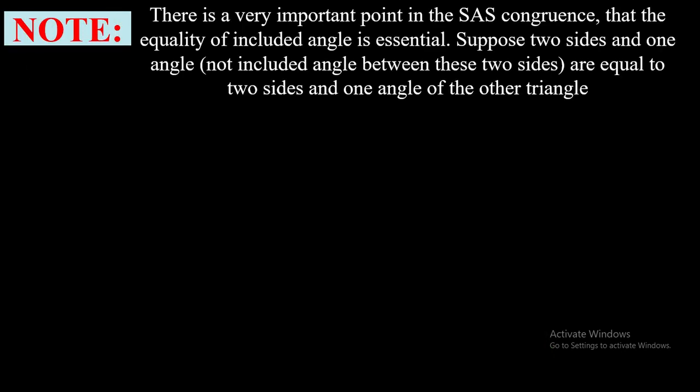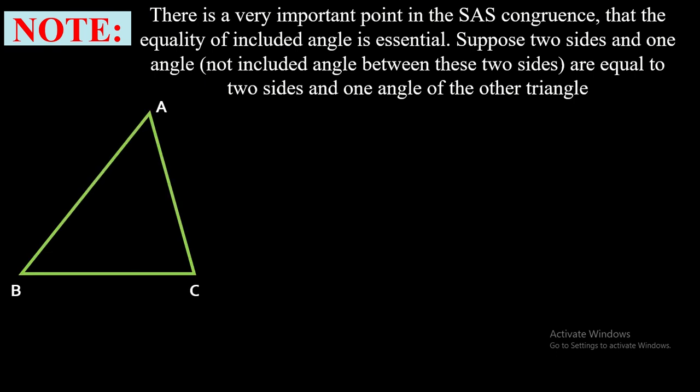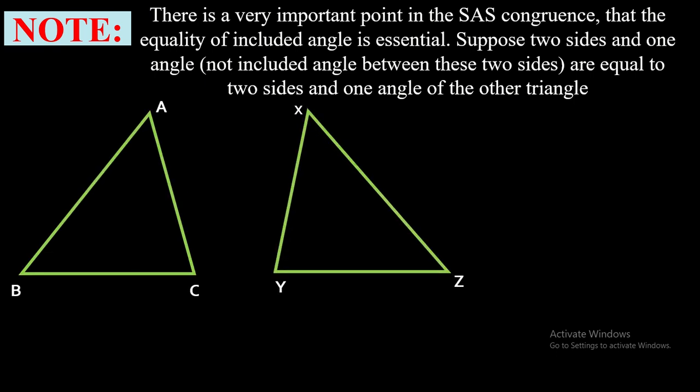Now, there is a note that needs to be remembered for this side angle side congruence criterion. There is a very important point in this SAS congruence: the equality of the included angle is essential. So it means if we have two sides and one angle which is not the included angle between the two sides.